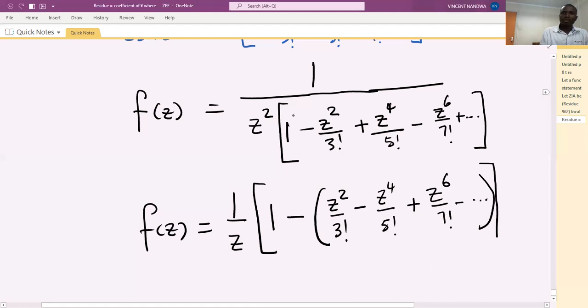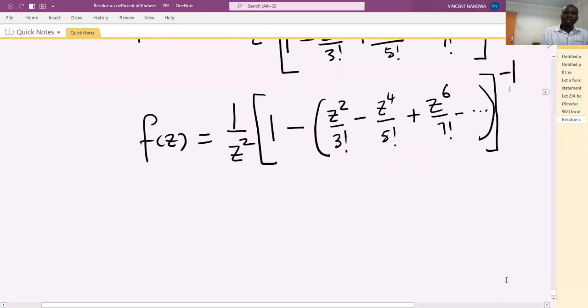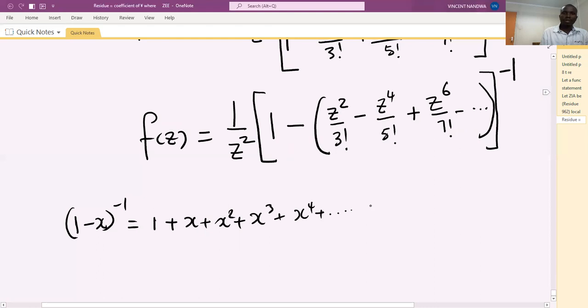And then because this was a denominator, this is raised to power negative 1. So I've been able to express this series in the form 1 minus x to the negative 1, whose series is 1 plus x plus x squared plus x cubed plus x power 4 plus several terms.